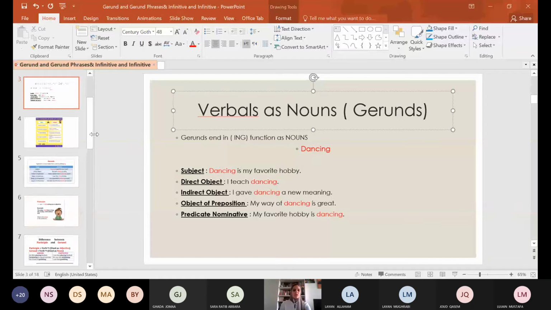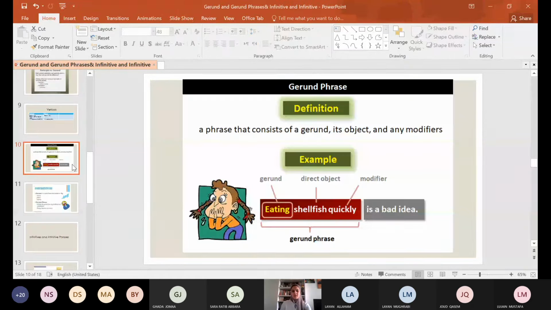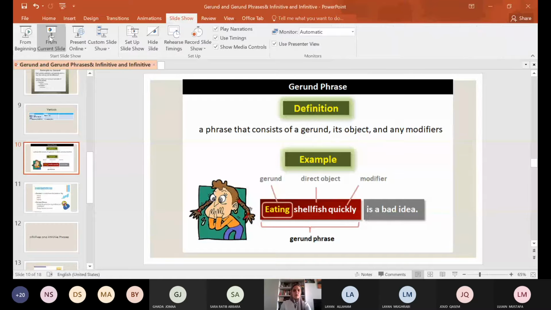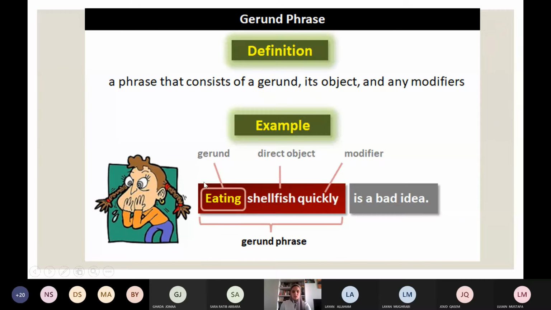Then we move to gerund phrases, girls. What is a gerund phrase? It is the gerund and modifiers, a phrase that consists of the gerund, its object, and any modifiers. Why its object?